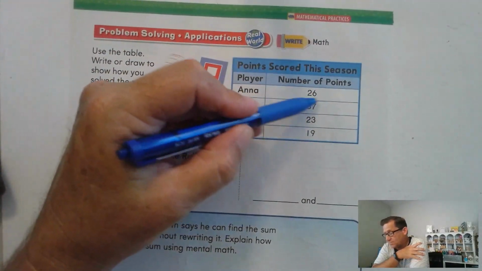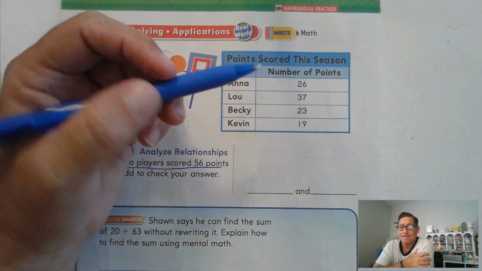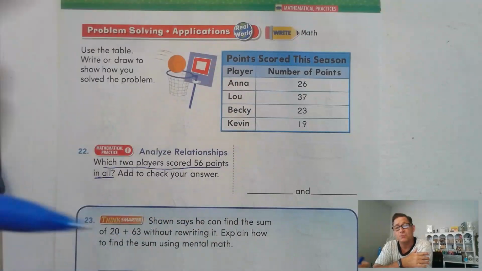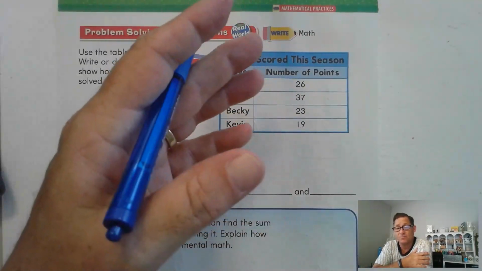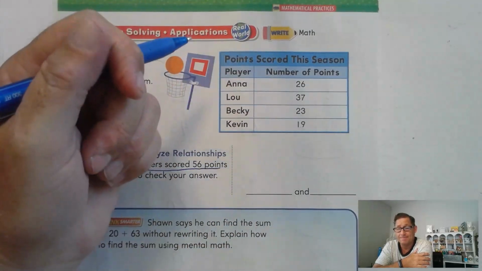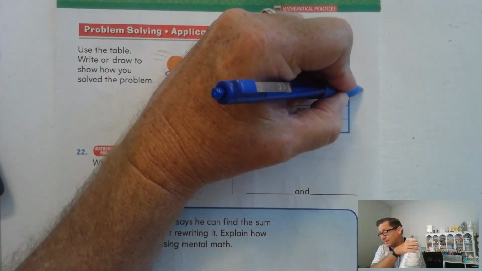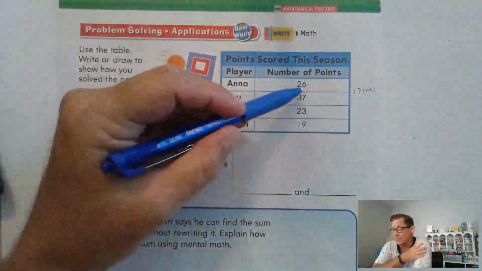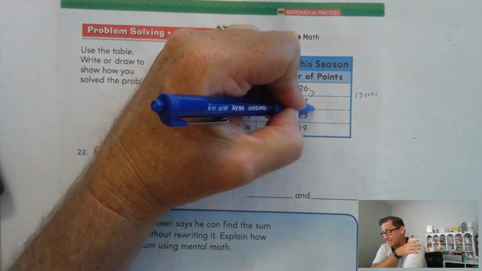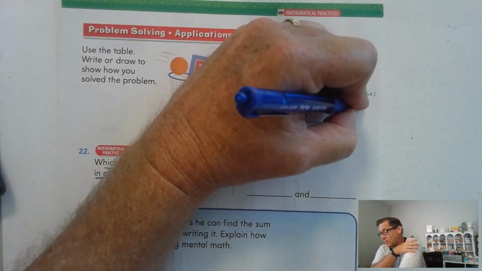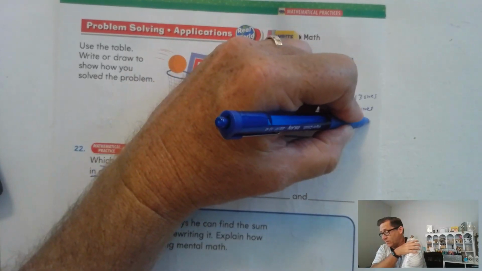When I look at the ones place, I'm going to need 16 ones. So if I have 16 ones, that means I had to regroup 10 of the 16 ones for a 10, right? So 7 and 6, that's 13 ones, right? 7 plus 3, that's 10 ones. 9 plus 3, that's 12 ones.